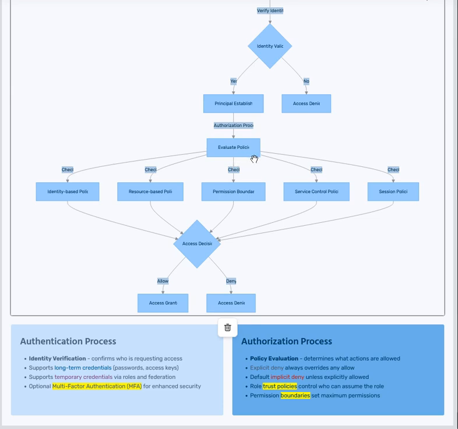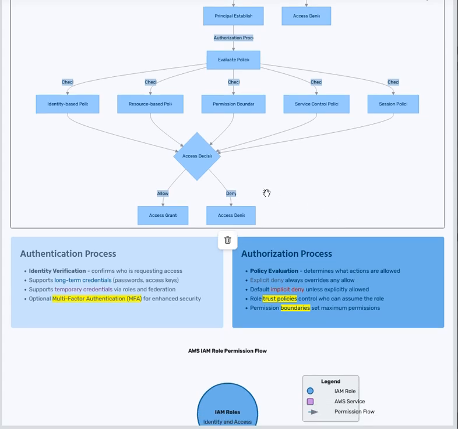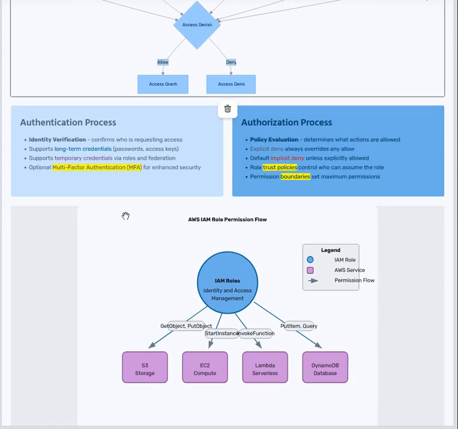It will evaluate policies: identity-based policies, resource-based policies, permission boundaries, service control policies, and session policies, and then it's going to take a decision: allow, access granted, or deny, access denied, right?